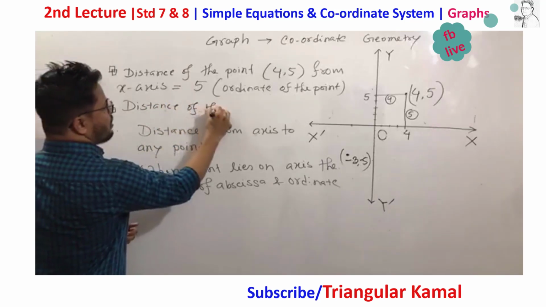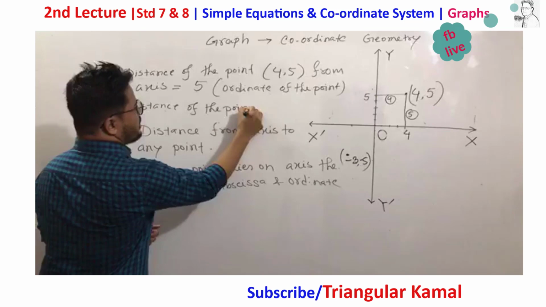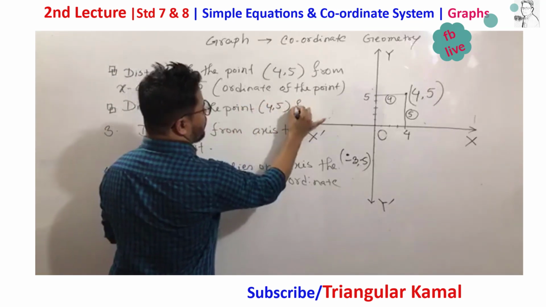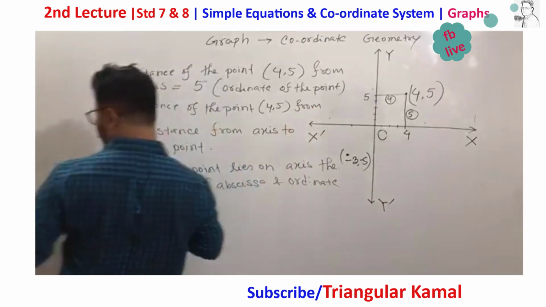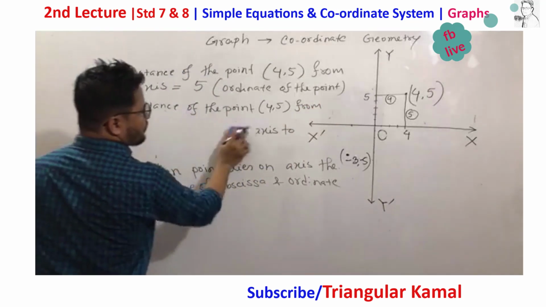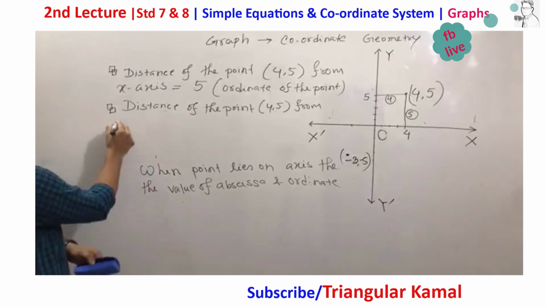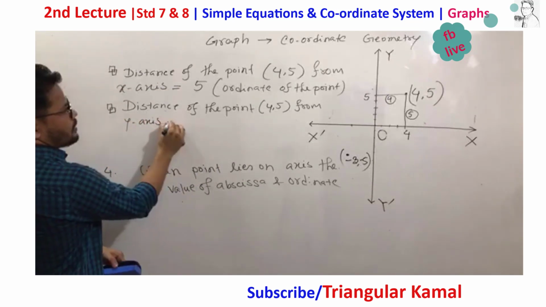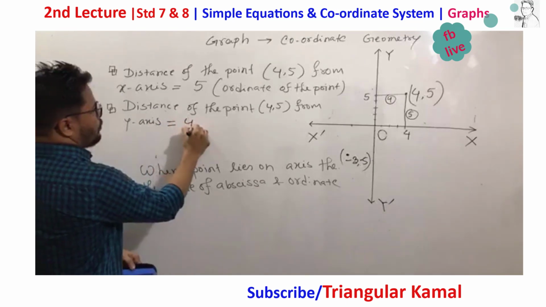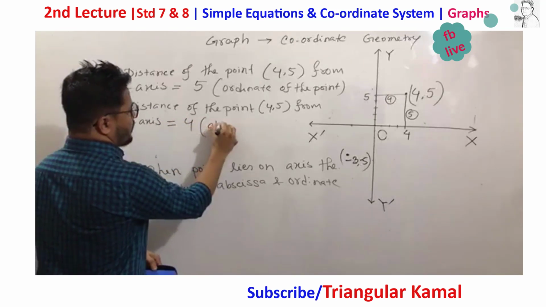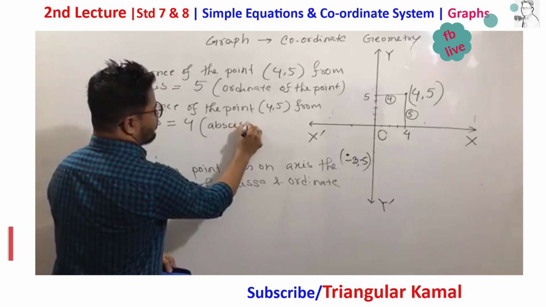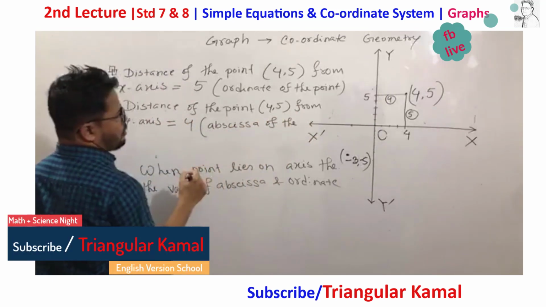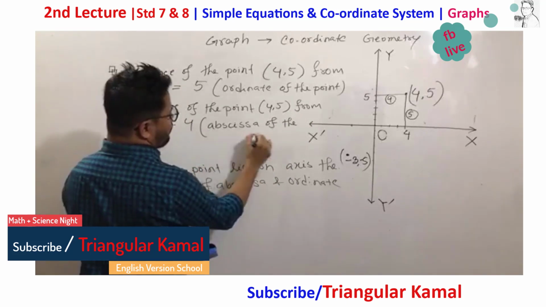Distance of the point (4, 5) from y-axis equals 4, the abscissa of the point.